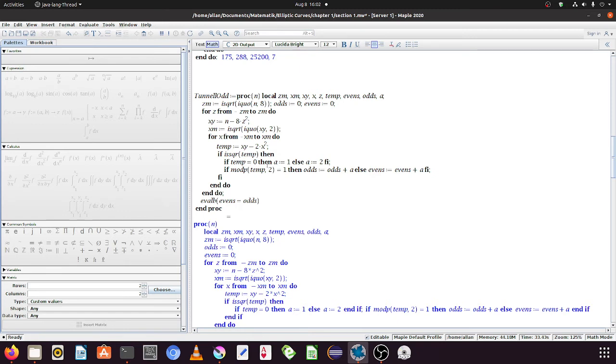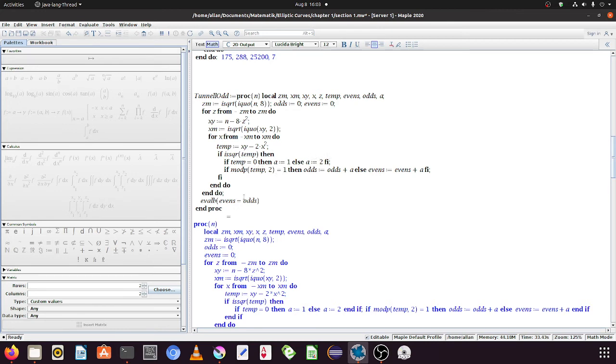And then we have to find out whether it's odd or even and count the number of odds and the number of evens. There is a little question here, because when it's a square, then if it's 0, there's only one solution. And if it's non-zero, then we have two solutions. So we have to add 2.